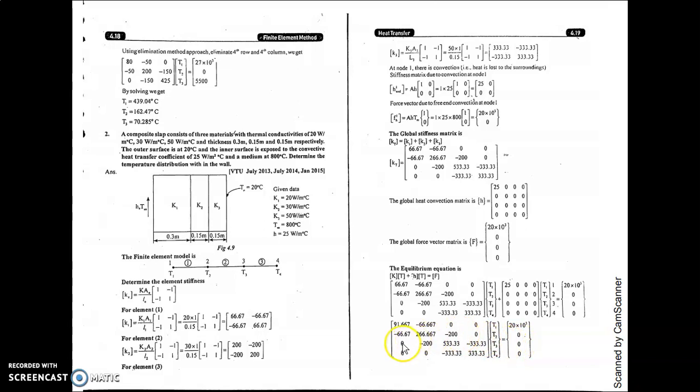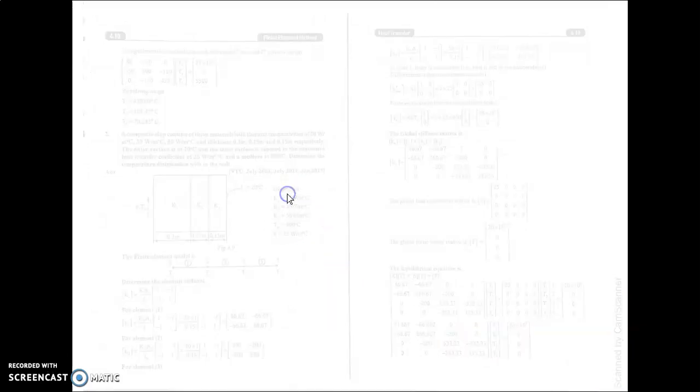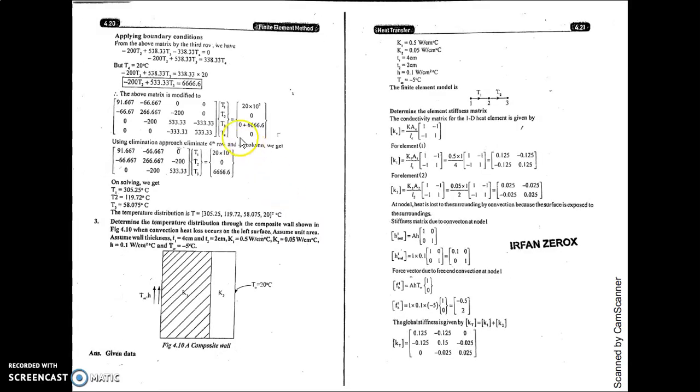Use this 3rd row and make a modification like this. T4 value is given as 20 degrees centigrade, hence the force matrix is modified like this. So this is the modified matrix after the use of the 3rd row and boundary condition T4.